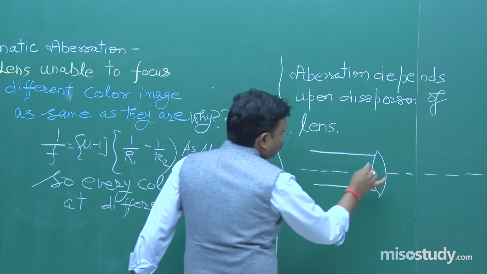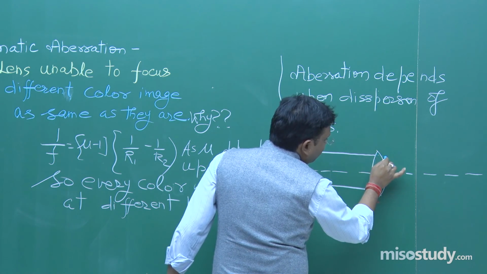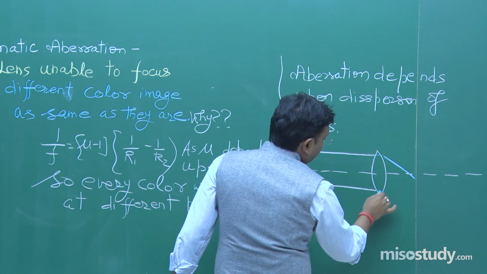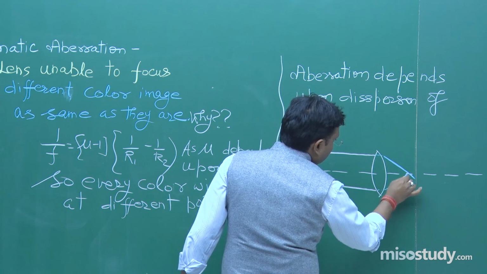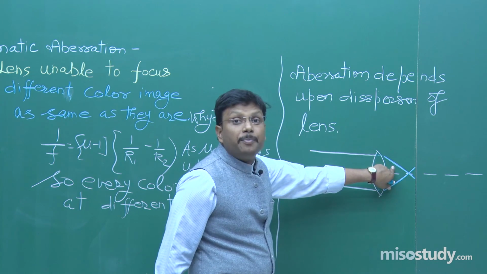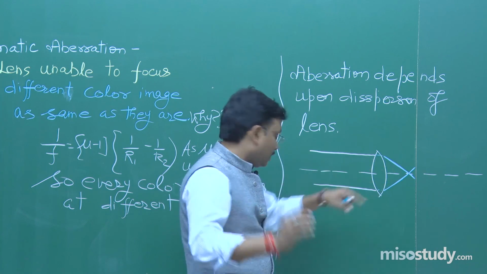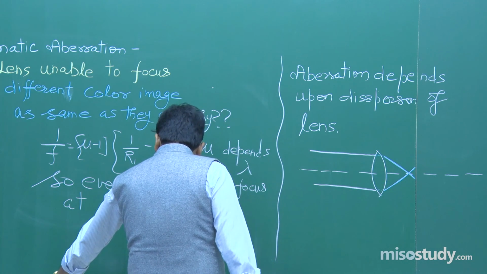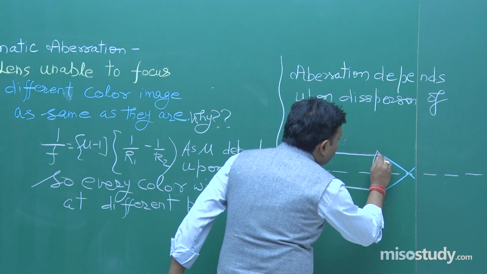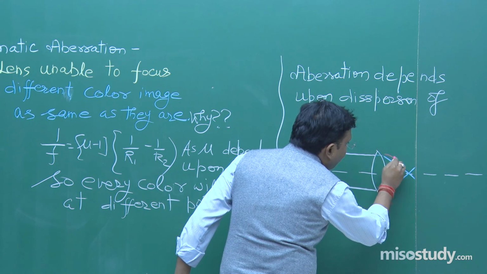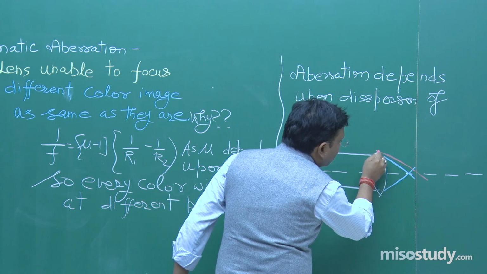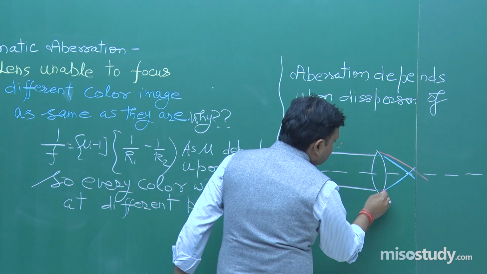So one ray will come over here, this way, and this is going to be blue color. Next, I am going to show you the second color, which is red color.